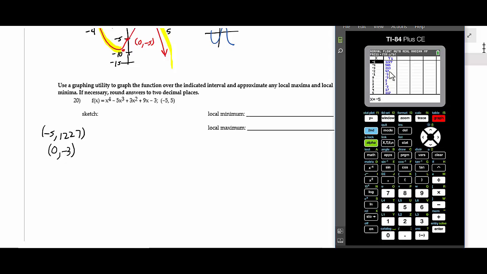One of the better ways to really see where the mins and maxes are is to zoom around one of those areas. If you did something like -10 and only made the max go up to like 50, you wouldn't see the max, but you would have a good viewing window around where those mins and maxes are.